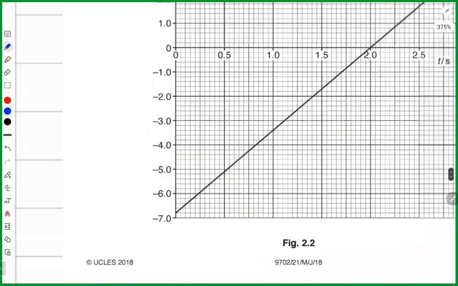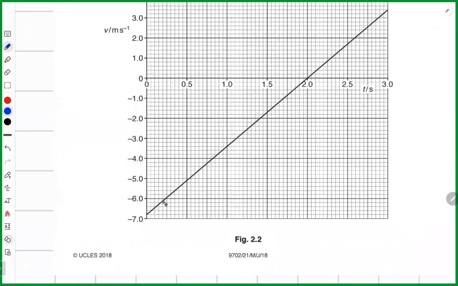There will be a negative and a positive area in this case. This is the negative area, and then there will be a positive area. And we have to find out the displacement.